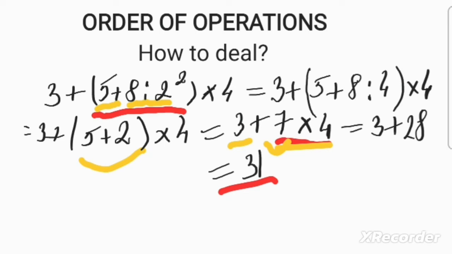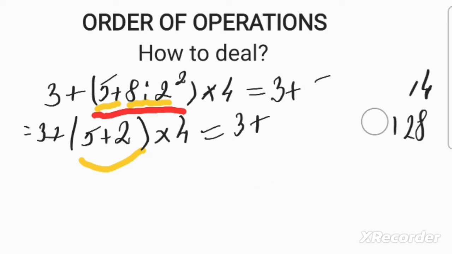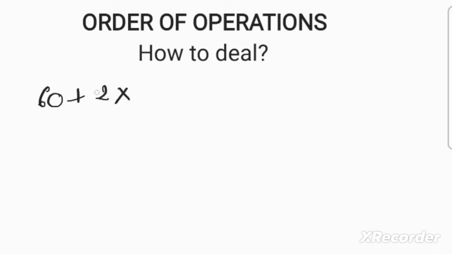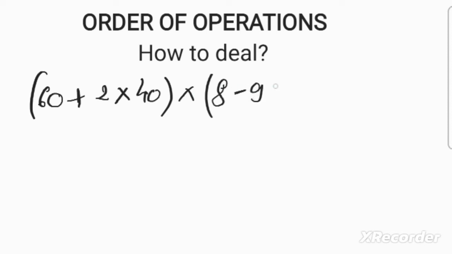So let's take another example. 16 plus 2 multiplied by 14 multiplied with 8 minus 9 divided by 3.